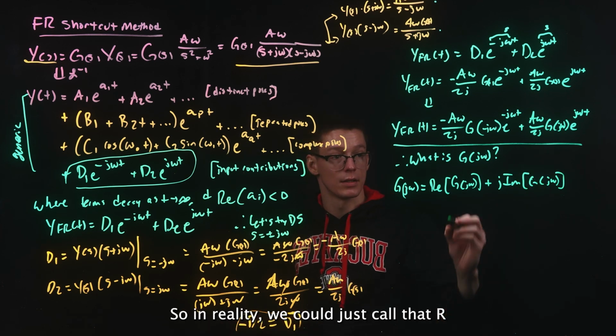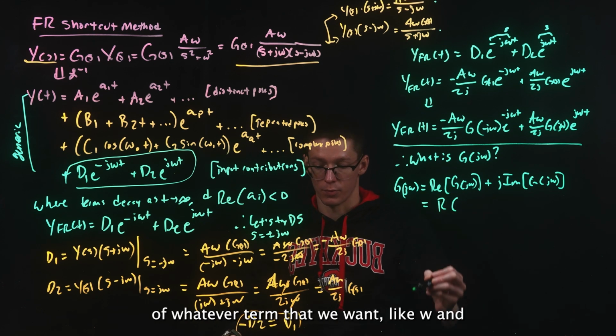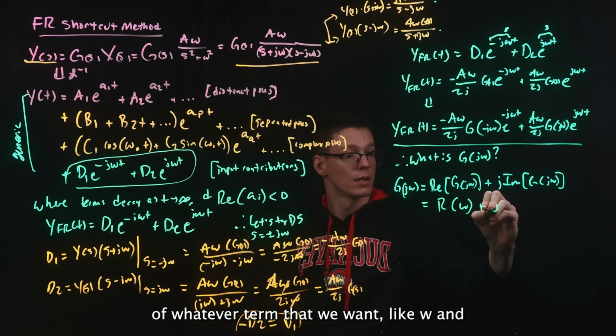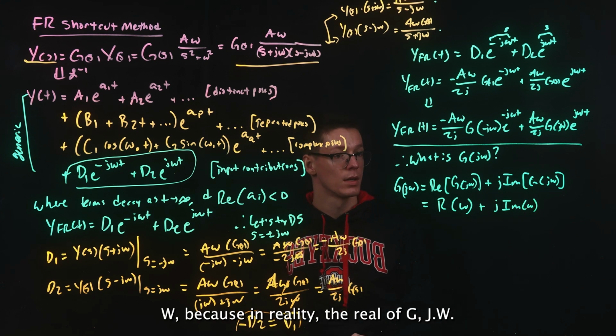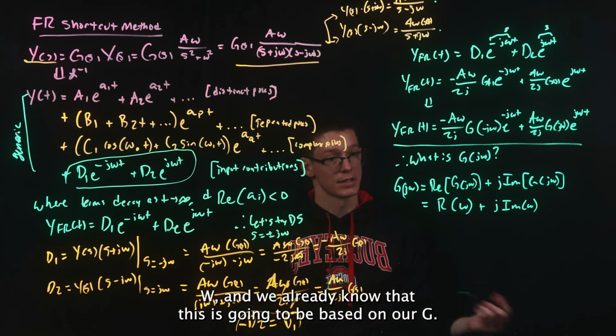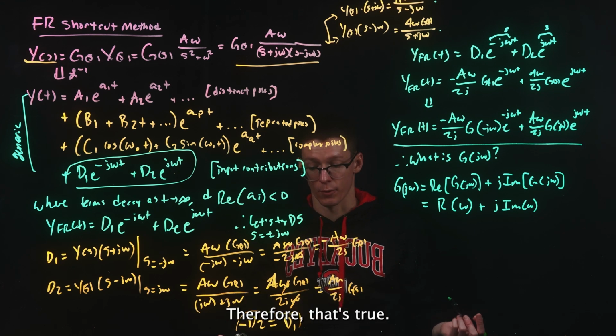So in reality, we could just call that R of whatever term that we want, like W, and J times the imaginary of W. Because in reality, the real of GJW is going to just be based on W, and we already know that this is going to be based on RG, therefore that's true.